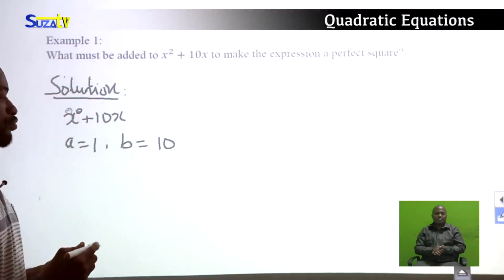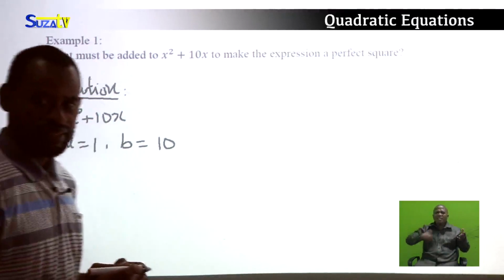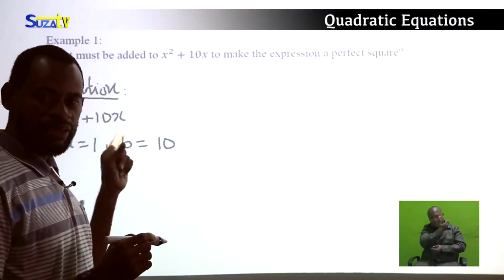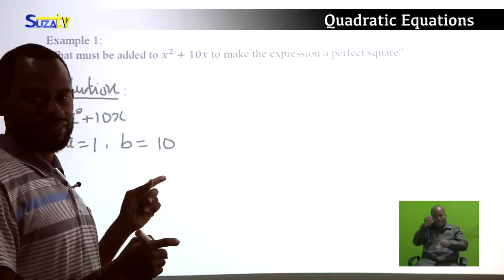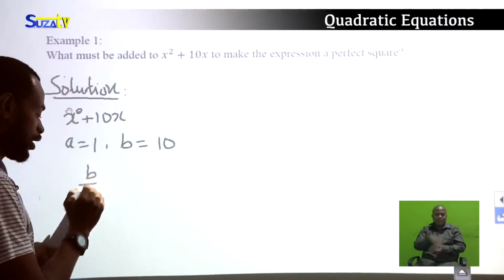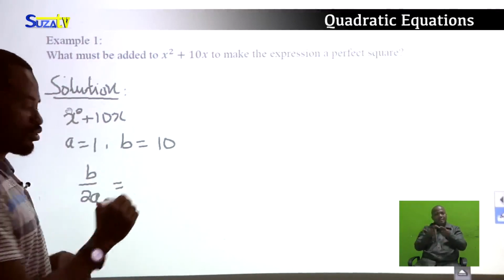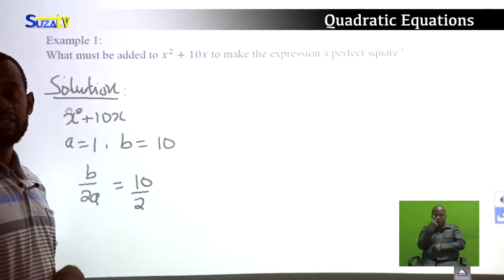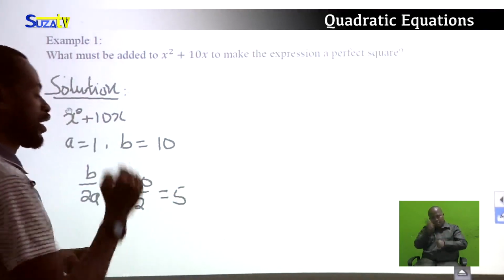So now from here, what we are supposed to do, as we said, is add to this expression b over 2a, the whole thing squared, to make it a perfect square. So b over 2a is equal to how much? 10 over 2 times 1, which is only 2. So 10 over 2 is equal to 5.